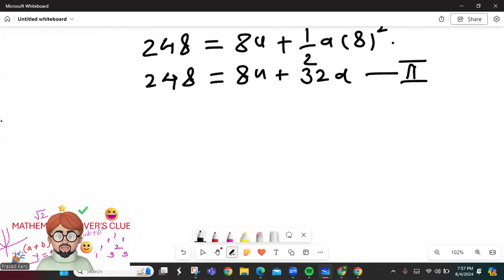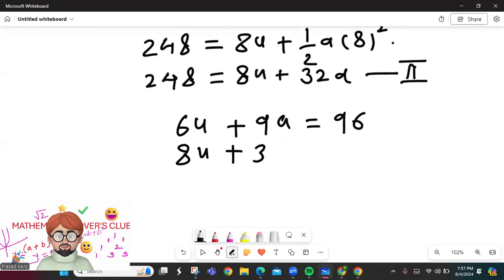And obviously here, instead of wasting the time in showing all the steps of simultaneous equations, you can just solve these equations on your calculator, since your calculator is allowed here. So the two equations are 6u plus 9a is equal to 96, and the other equation is 8u plus 32a is equal to 248.